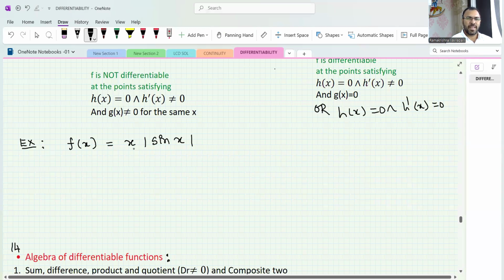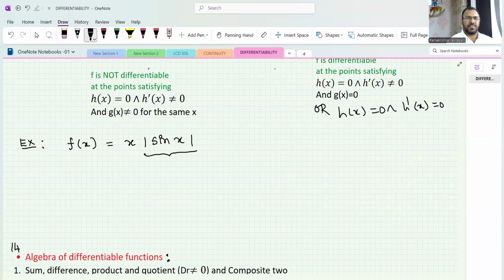F of x equal to x into mod sin x. Here this function is not differentiable when sin x equal to 0, so therefore x is equal to n pi.